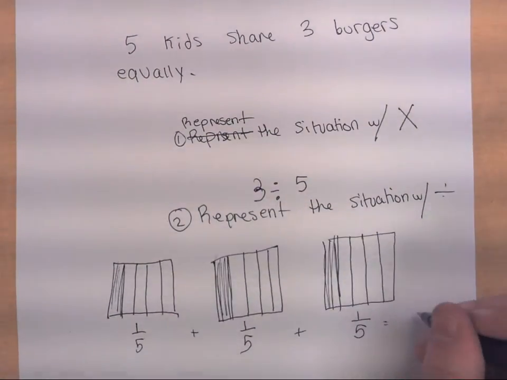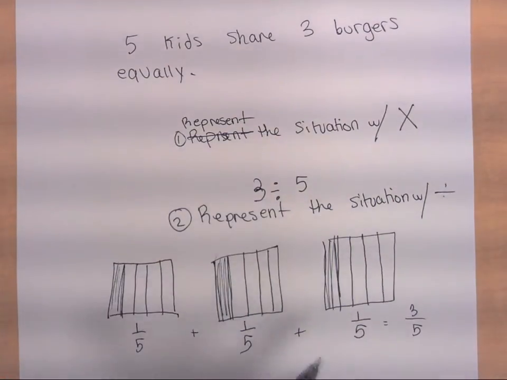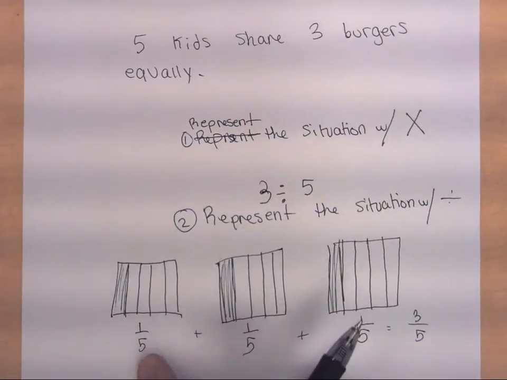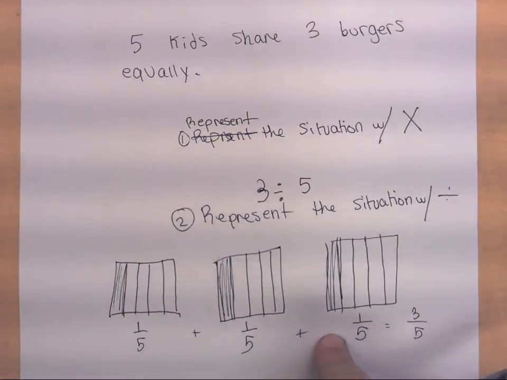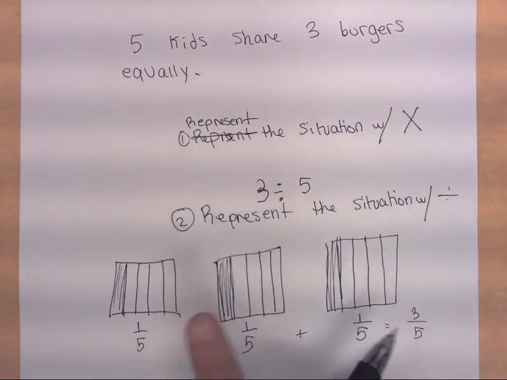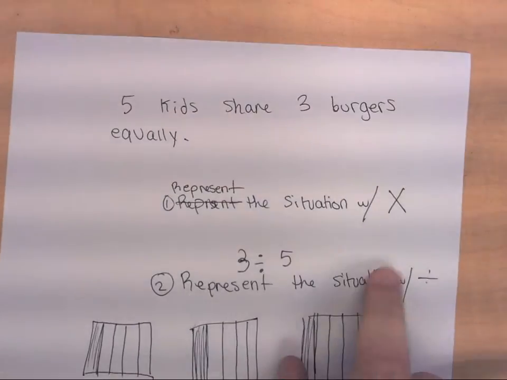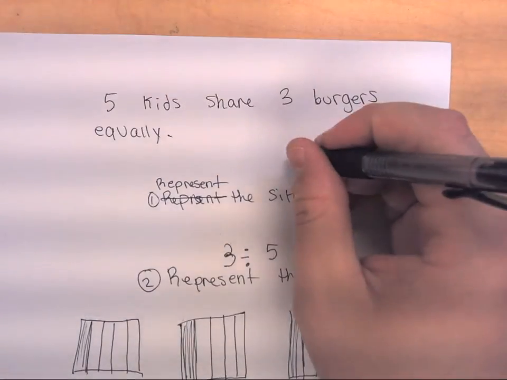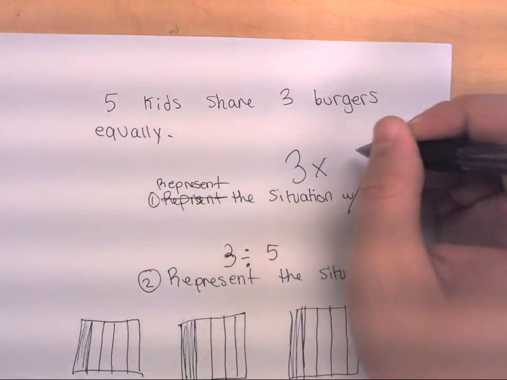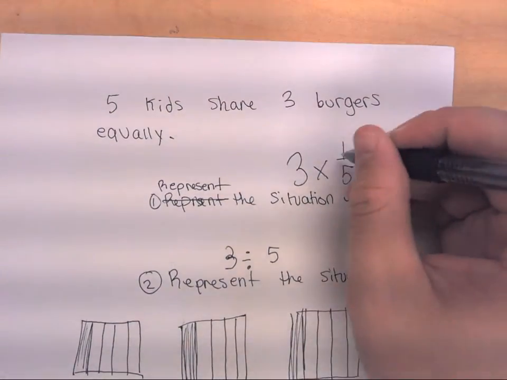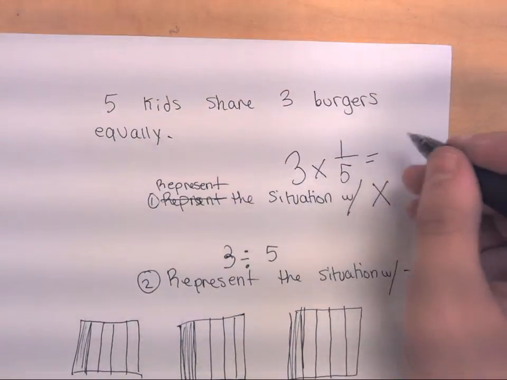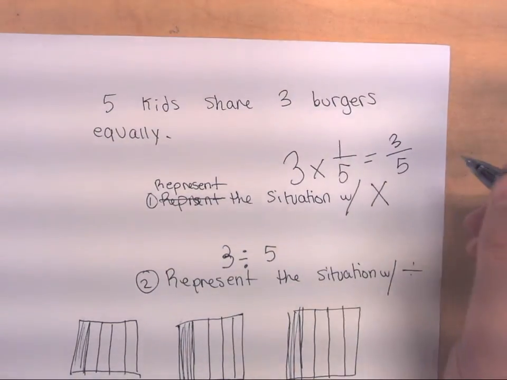So altogether, that'd be 3/5, but look, this looks a whole lot like repeated addition. So what I also have here is 3 groups of 1/5, so my multiplication expression is 3 multiplied by 1/5, and that also gives us 3/5.